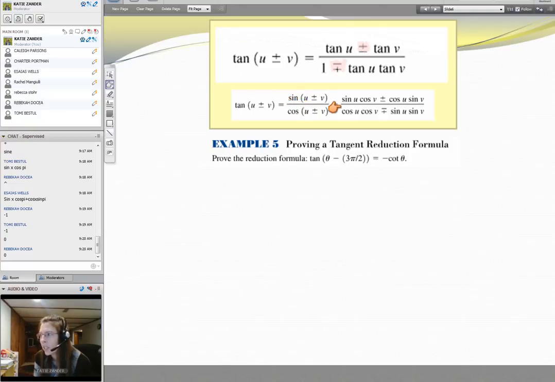So you can see the sine sum or difference identity happening in the numerator, and then that cosine sum or difference identity happening in the denominator there. And again, notice that it's plus minus or minus plus because sine uses the same operation, but cosine uses the opposite. So this is the one that I think will probably be used the majority of the time.